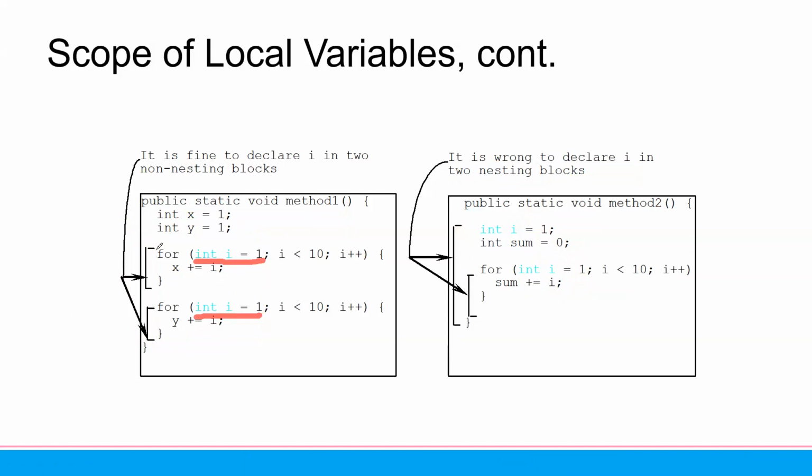Because when we define this for loop, the nested block will end here. Because it ends here, when I have another for loop and I define another integer I, then it is okay. So you need to find what the scope is. You need to find where the block is.